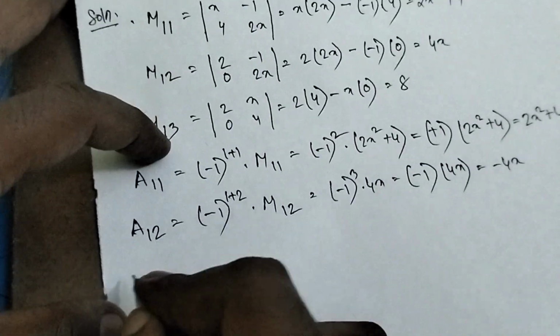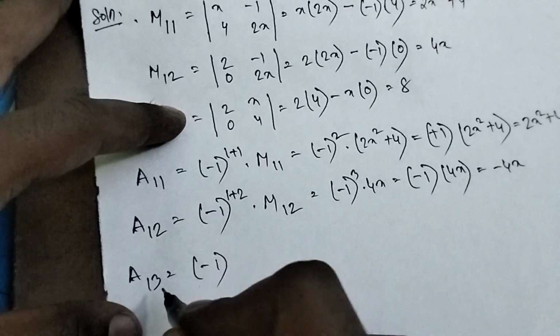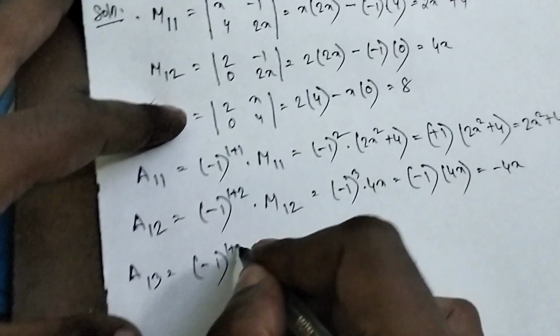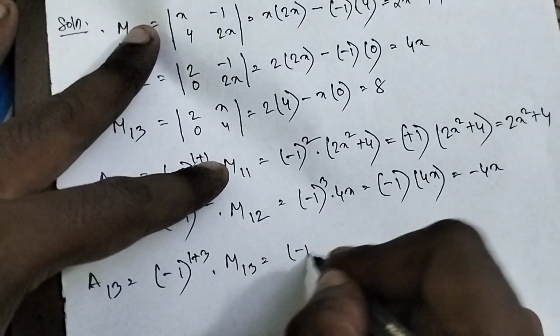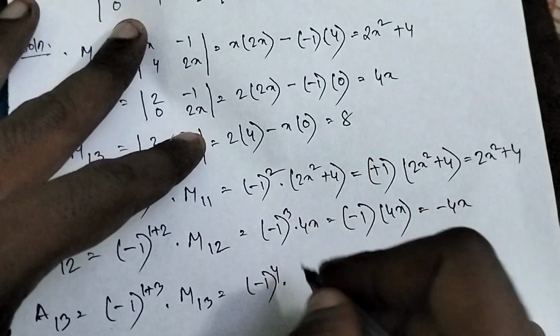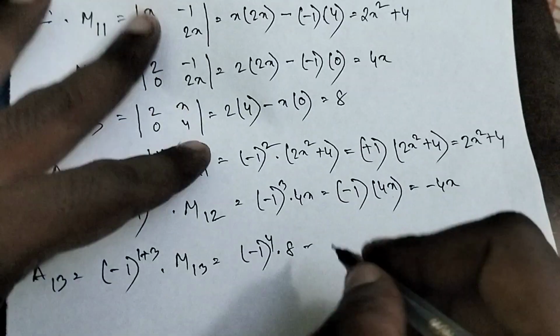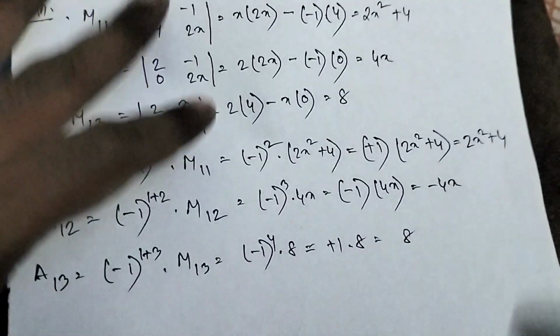Now the cofactor of row 1 column 3 will be minus 1 to the power 1 plus 3, that is minus 1 to the power 4, into the minor, which is 8. So minus 1 to the power 4 is plus 1, into 8, that is 8.